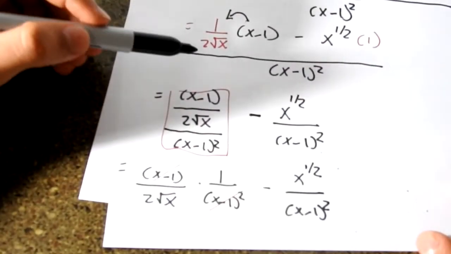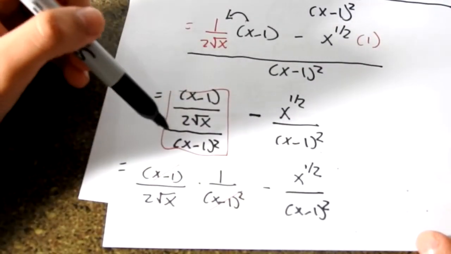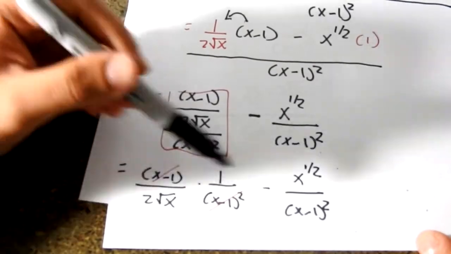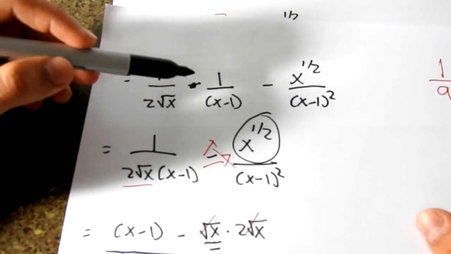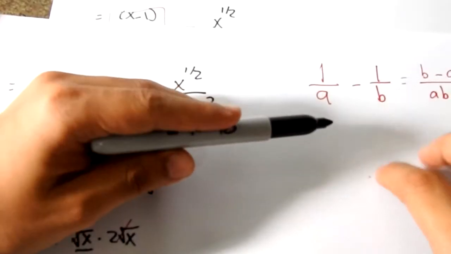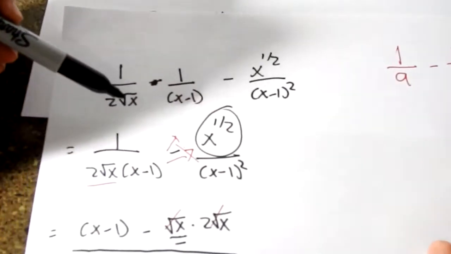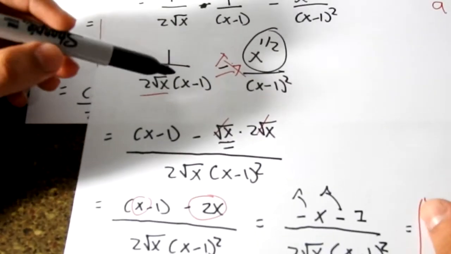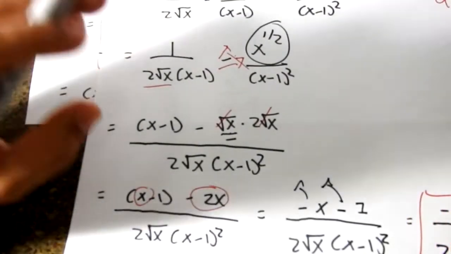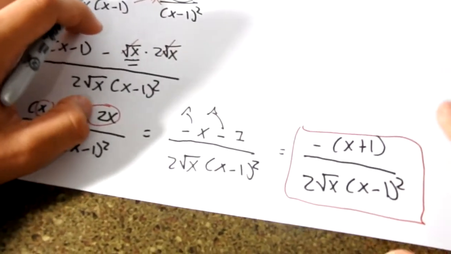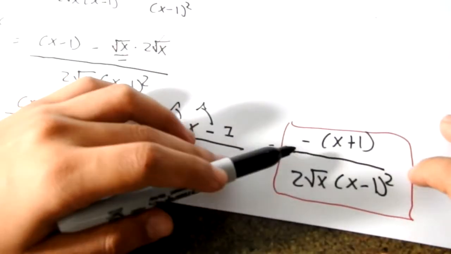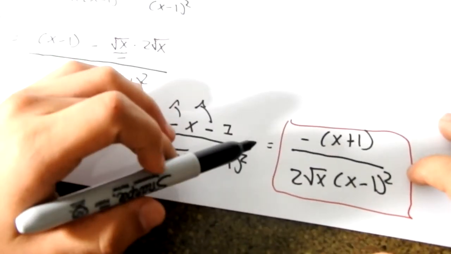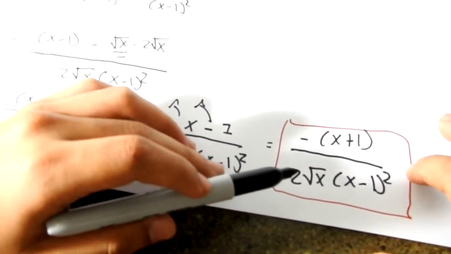So I split them, and then I rewrote them, simplified a little bit, and then what I did in this next page is I did algebraic fractions like this, and then I combined the fractions to simplify it, and then I gave a final answer over here, which is minus x plus 1 over 2 square root of x minus 1.